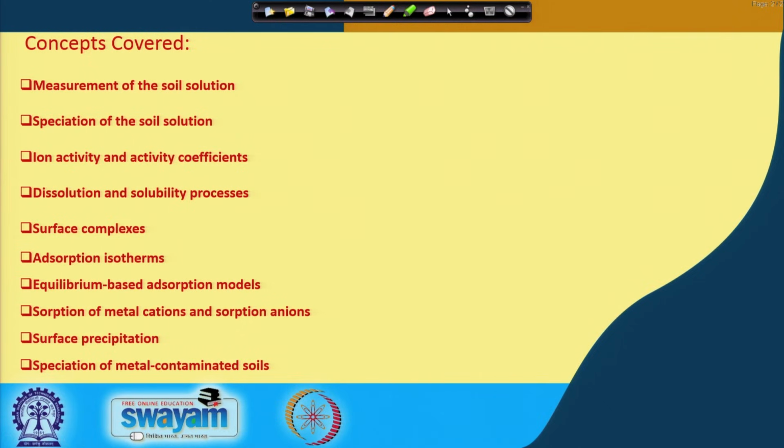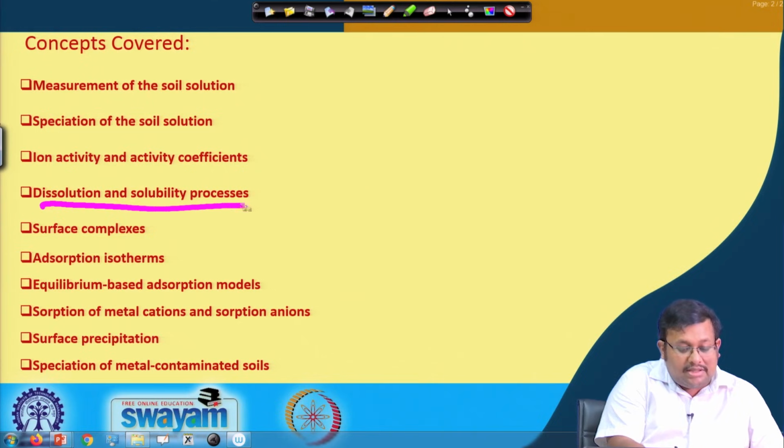We will be covering this concept. First of all, we will be talking about measurement of soil solution, how we generally measure the soil solution. Then we will be talking about the speciation of the soil solution, and then ion activity and activity coefficients, and then dissolution and solubility processes.